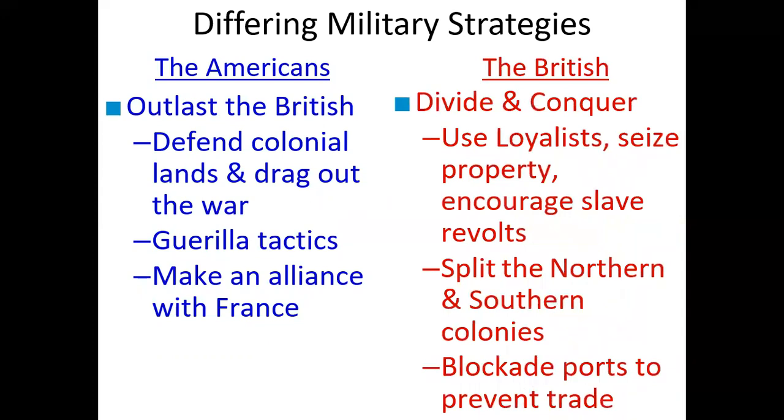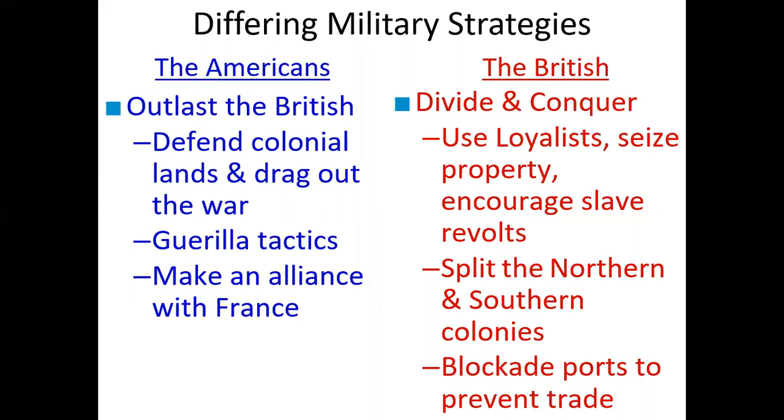And the British, they want to divide and conquer. They have the better trained troops, so they want to use strength to their advantage. They also have the Loyalists, also known as Tories. They're going to have whole regiments of Tory soldiers that they will use to their advantage. They're also going to encourage slave revolts in the American territories, and hopefully that's going to cause a whole bunch of mayhem.